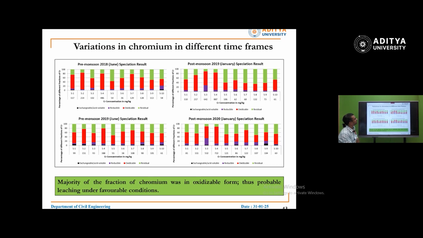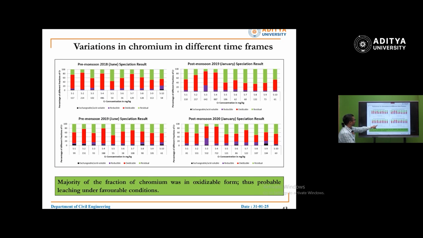So these are the variations of chromium in different time frames. That means we collected the soil samples from the same locations for 2 years to know the change in the speciation. Here, the majority of the chromium was present in the oxidizable fraction. And the amount of residual fraction is comparatively very less when you compare it to the concentration.